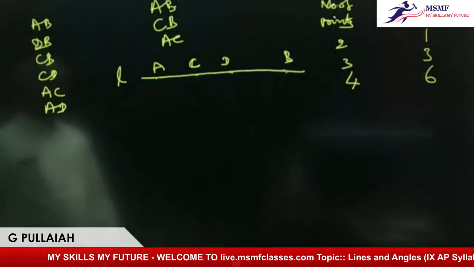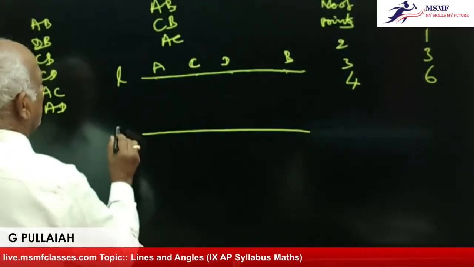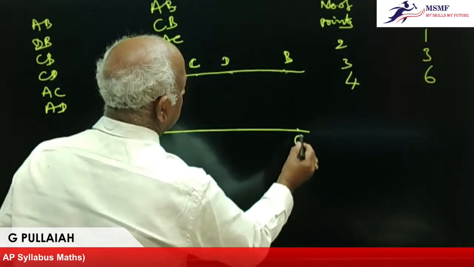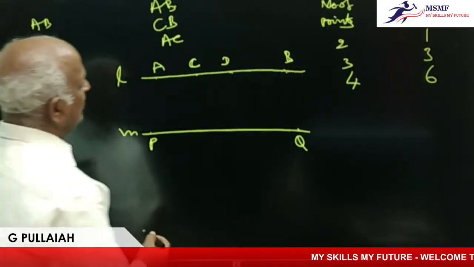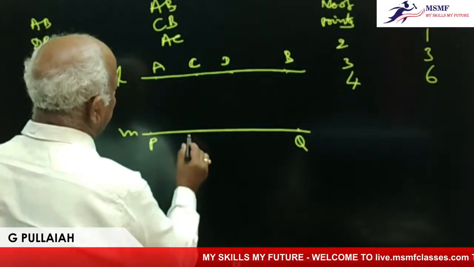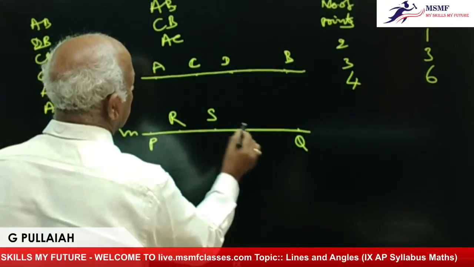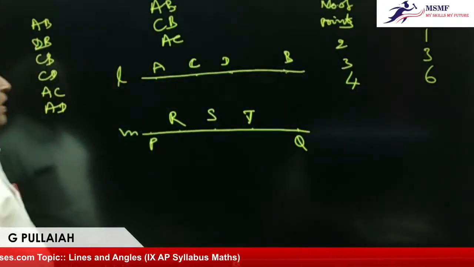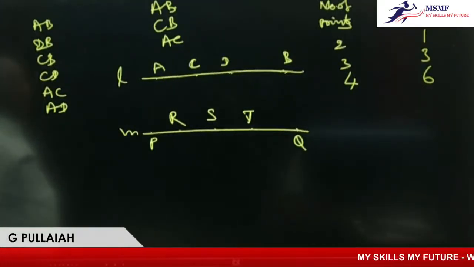Clear? Now let us say that in between P and Q there are 3 points, for example R, S, T. Let us see how many line segments there are.